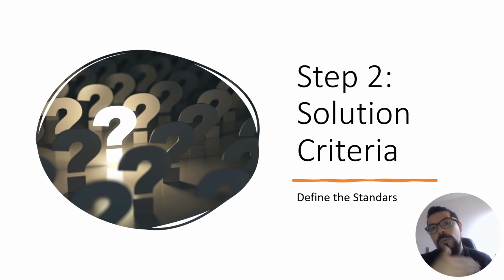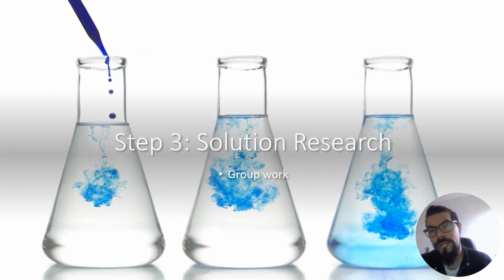Okay, that will lead then to step number three, which is solution research. Again, let's remember that this is group work. Now there are different ways on how to conduct this research depending on your students' level, the age, and the resources that you have available at school.